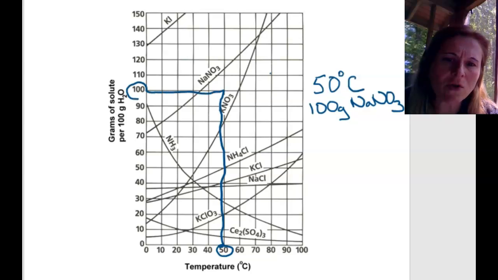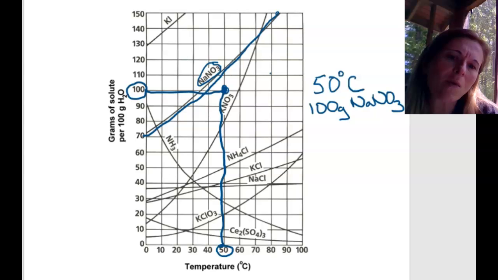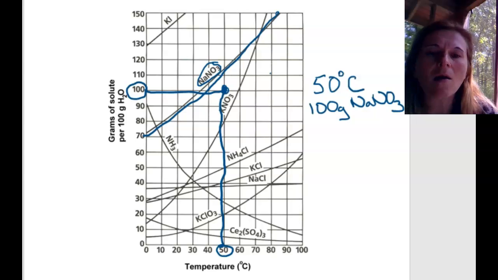We want to see where those two things meet. Now we're looking at sodium nitrate, so that's this line right here. All those other lines, we don't care about them right now. Our dot, where 100 grams and 50 degrees Celsius meet, is under that line. So this is an unsaturated solution.